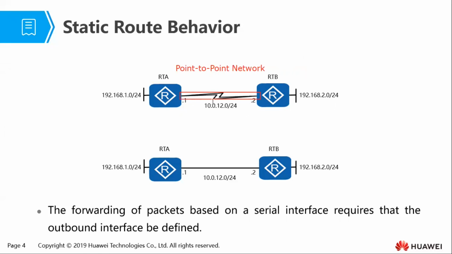You cannot interconnect a third router. You cannot pull another cable here and interconnect RTC here. That's why it's called a point-to-point network.